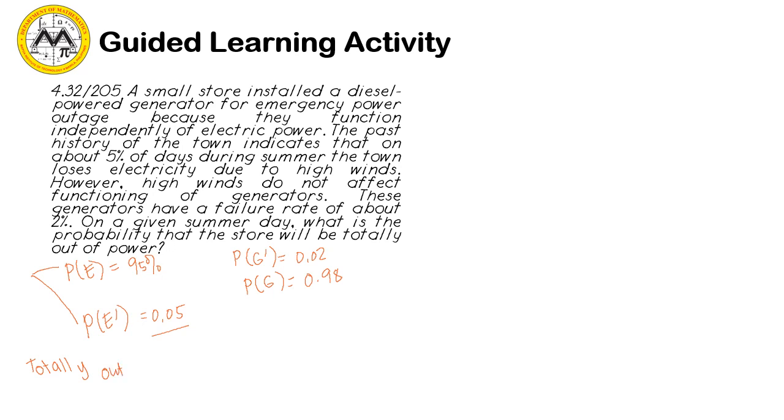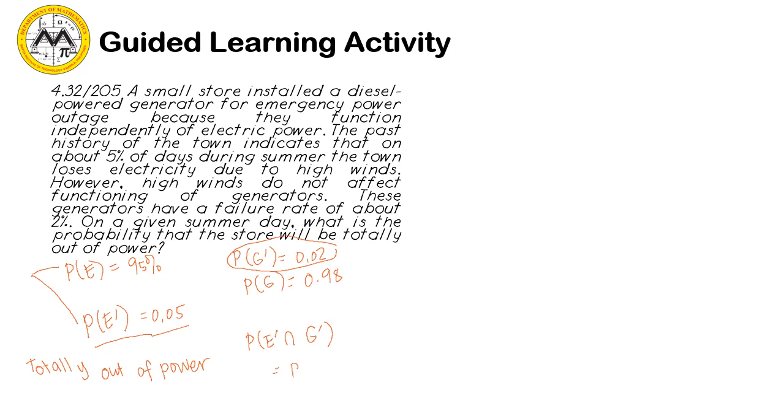We say that there would be total loss of power when there's no electricity and, at the same time, the generator fails.